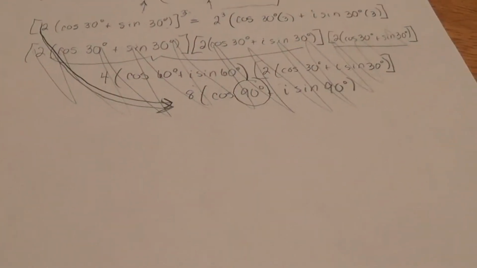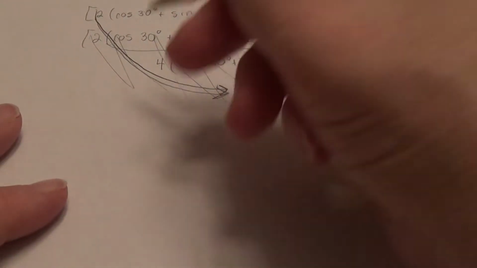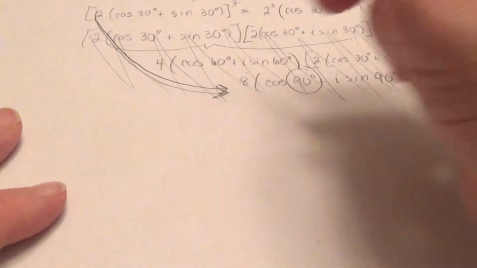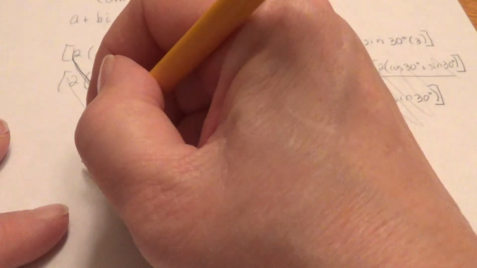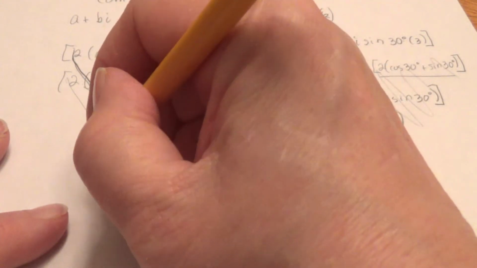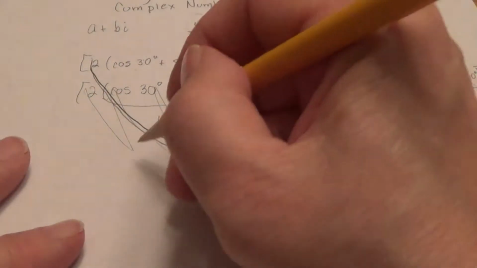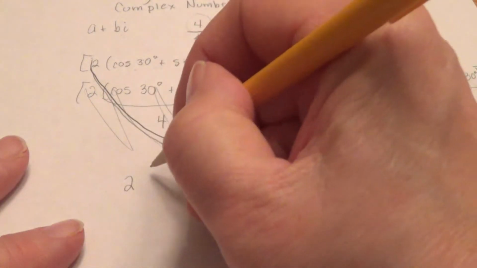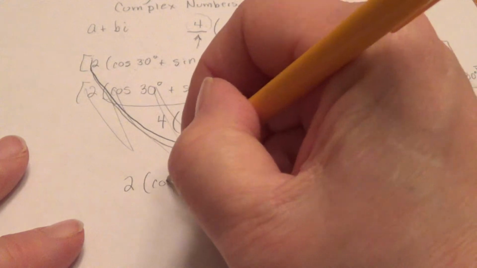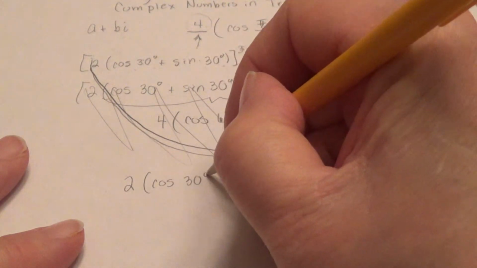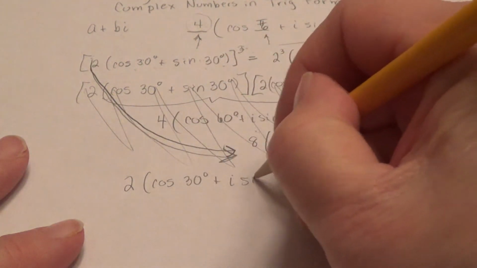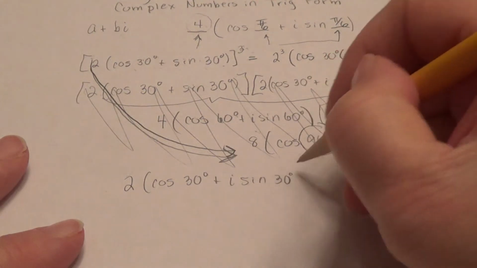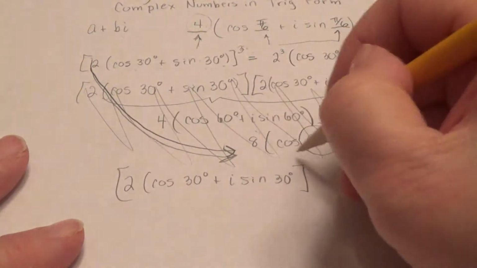Alright, so let's see if you can do one. Let's say we have a bigger one, like a bigger power. So 2 cosine 30 plus i sine 30 again, but this time let's raise it to the 10th.